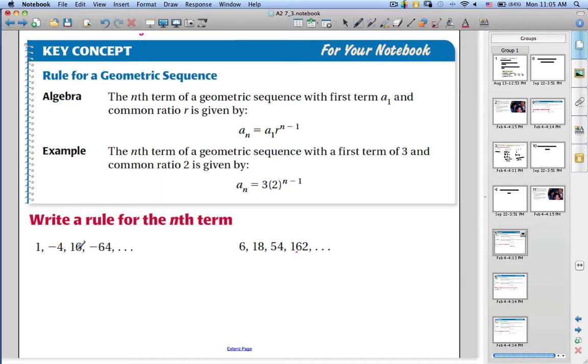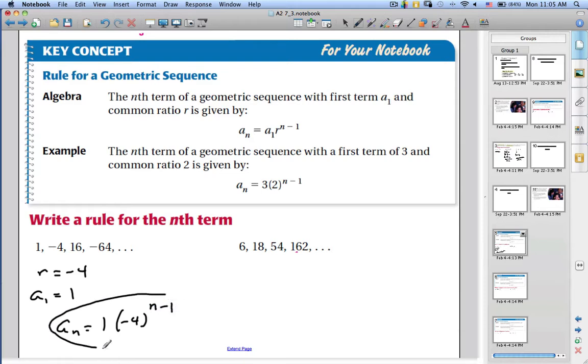Negative 64 divided by 16 is negative 4, so my common ratio is negative 4. My first term, a sub 1, is equal to 1, and I can plug those in here. A sub n will be equal to 1 times my common ratio, negative 4, to the n minus 1 power.